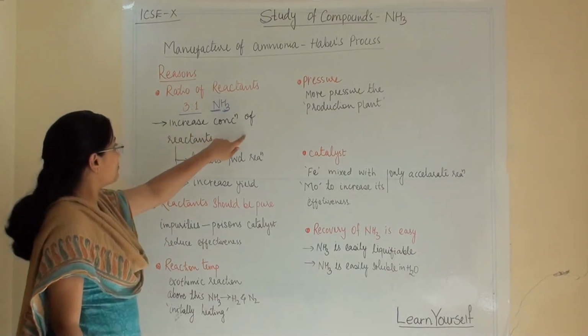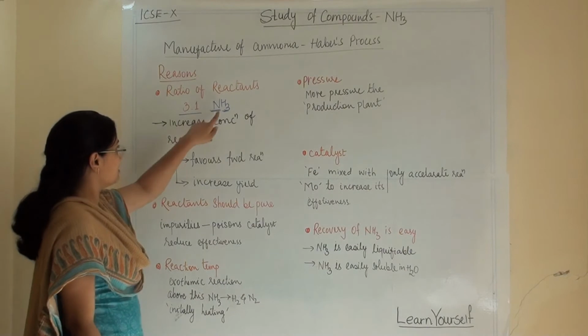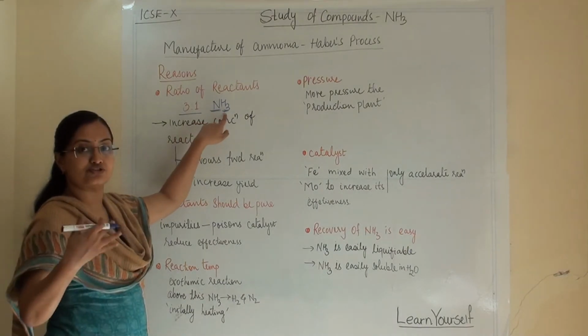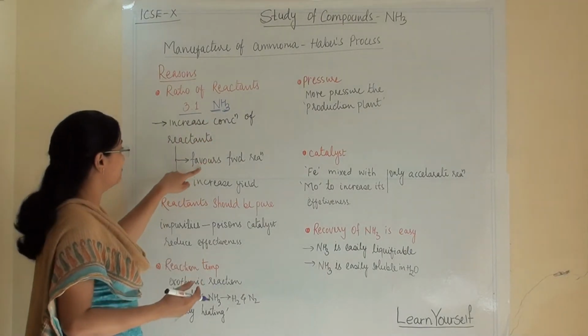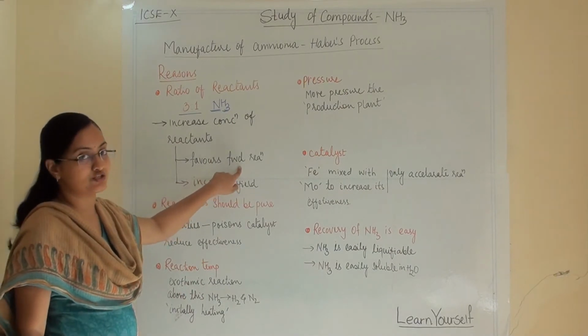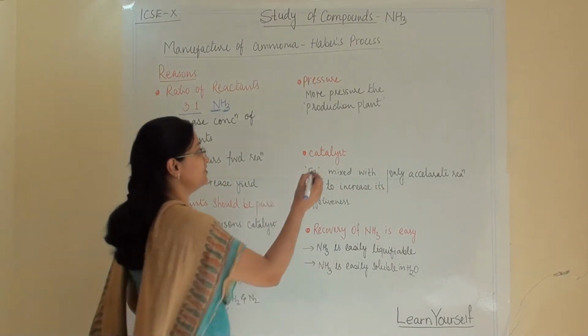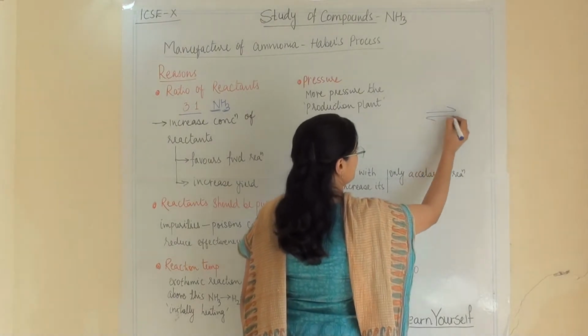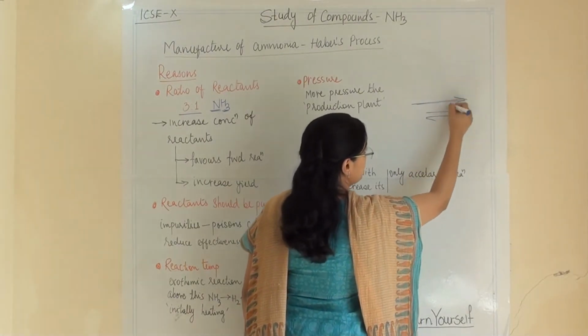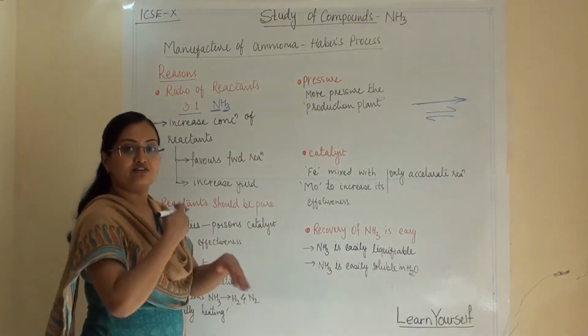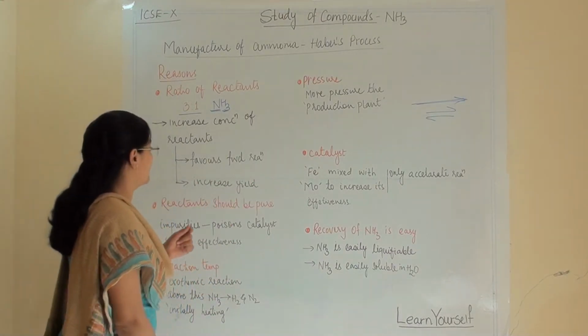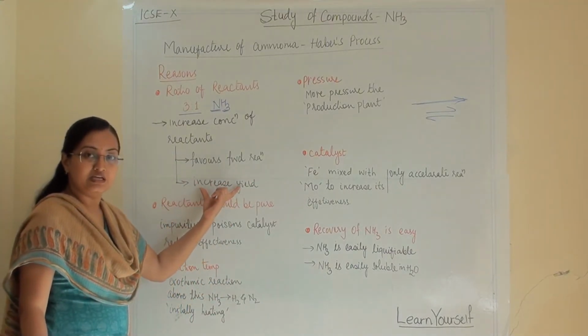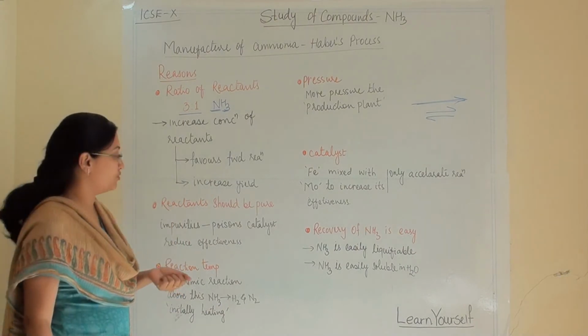The first is to increase the concentration of reactant. If you increase the concentration of one of the reactants, it will favor the forward reaction. The reversible reaction will be like this. So it will accelerate the forward reaction. It will also increase the yield, and that is our ammonia gas.